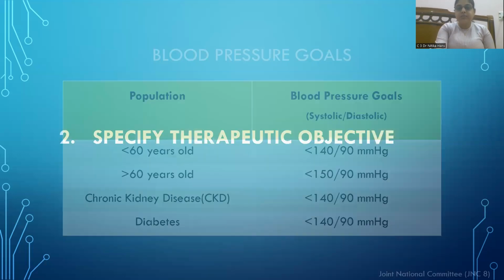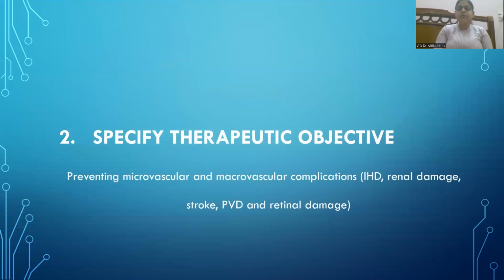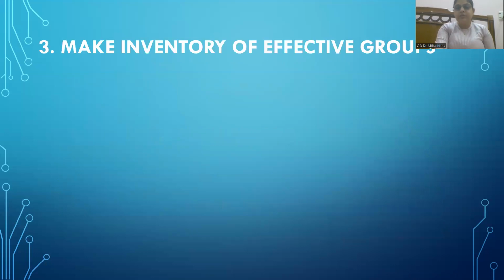Now, therapeutic objective means we have to prevent microvascular and macrovascular complications like ischemic heart disease, renal damage, stroke, peripheral vascular disease, and retinal damage. And we have to maintain the blood pressure less than 140/90 in younger patients less than 60, and in older patients, more than 60, the relaxation is there, that is 150/90 millimeter of mercury.